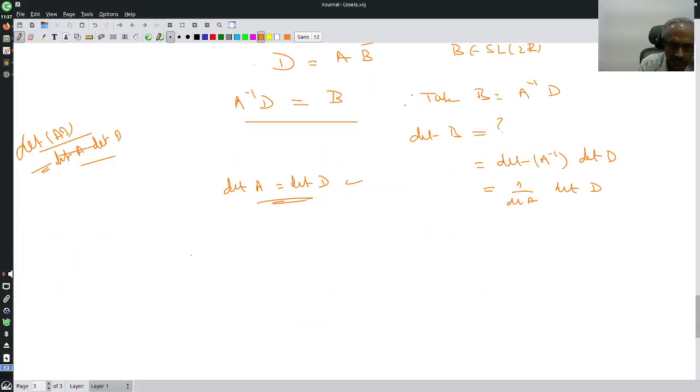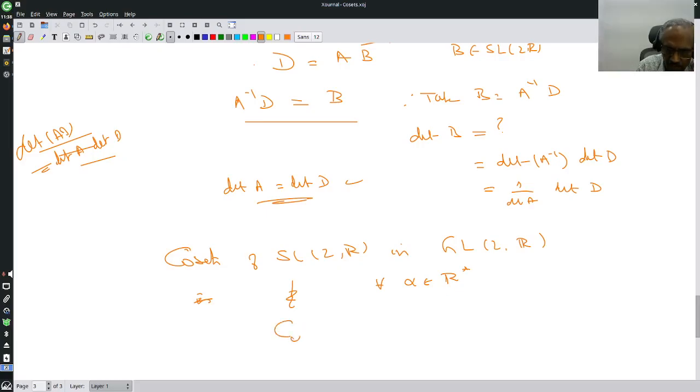So what I have shown now is that the cosets of SL2R in GL2R are parameterized by the set of real numbers. For each real number alpha in R, of course it has to be in R star, let me call this C alpha.